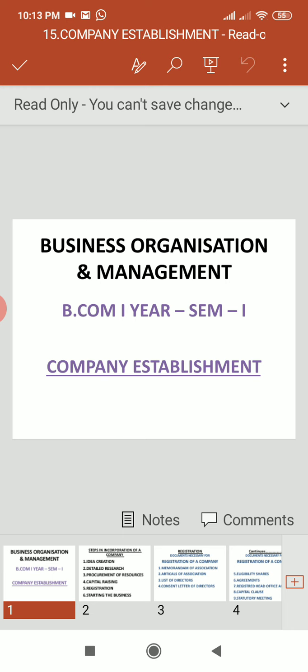The earlier four types of business were already discussed, along with their establishment and pros and cons. Now coming to company establishment.